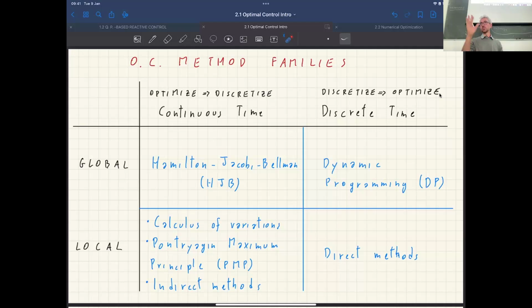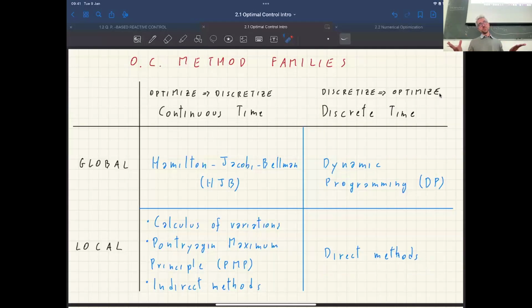You can just put them in there, and they should work under some conditions. So the next lessons are basically going to be focused on direct methods.